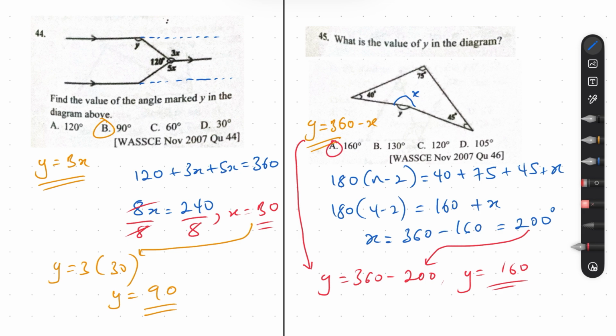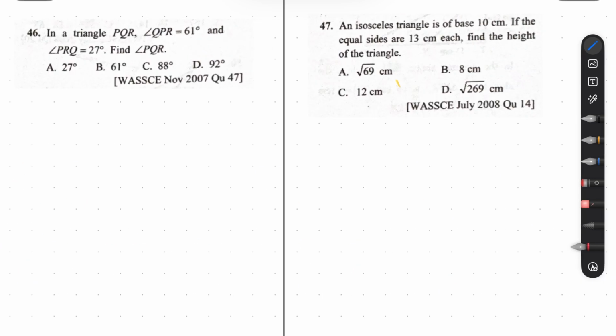Let's move on to question number 46. It says, in a triangle PQR, one of the angles QPR is 61, another angle PRQ is 27, and then the angle at Q is not known. So we are supposed to find that. So let's draw a simple triangle.